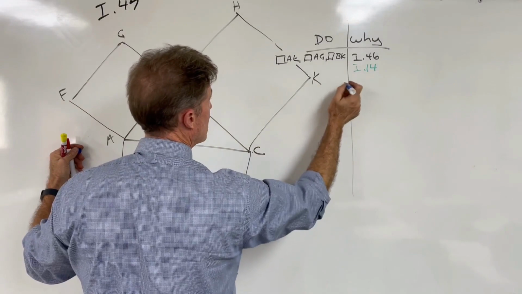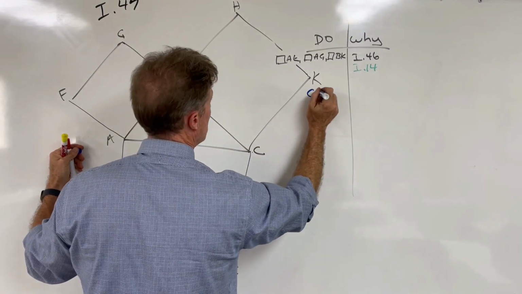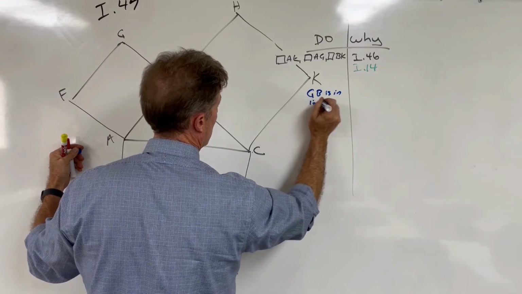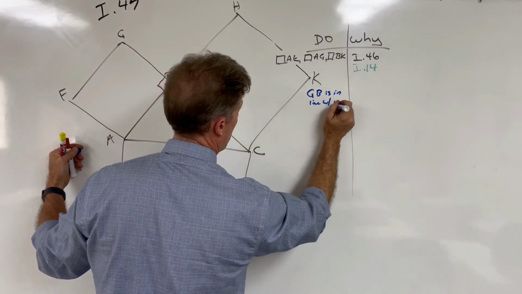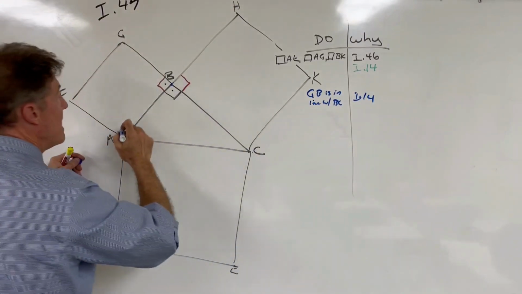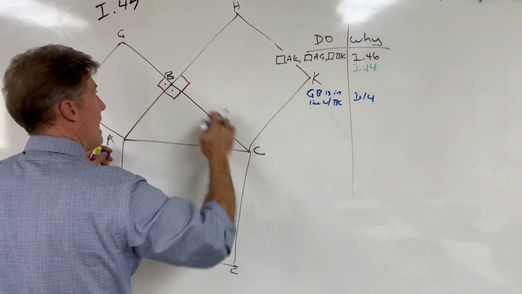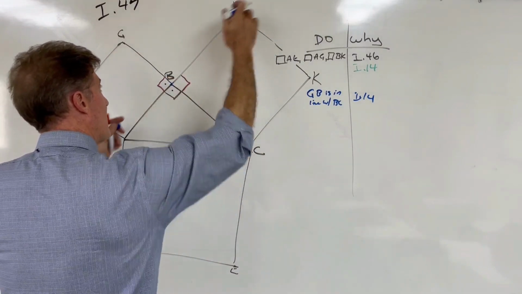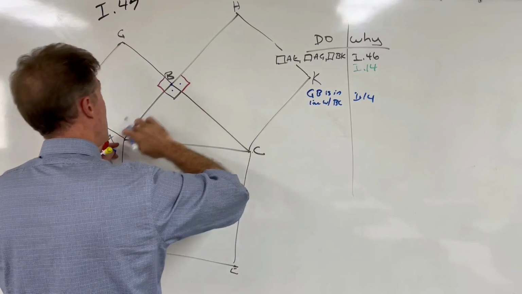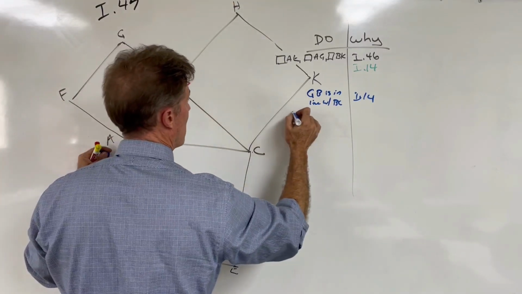So Prop 14 tells us that GB is in line with BC, that's one continuous line. And likewise, because at this point on this line, we have two lines that meet and their adjacent angles equal two right angles, then AB and BH are in line.